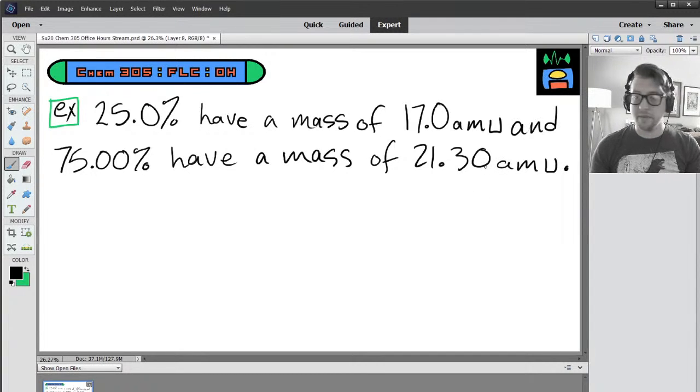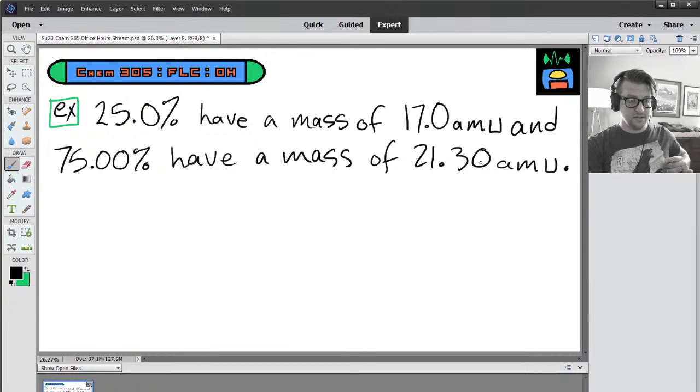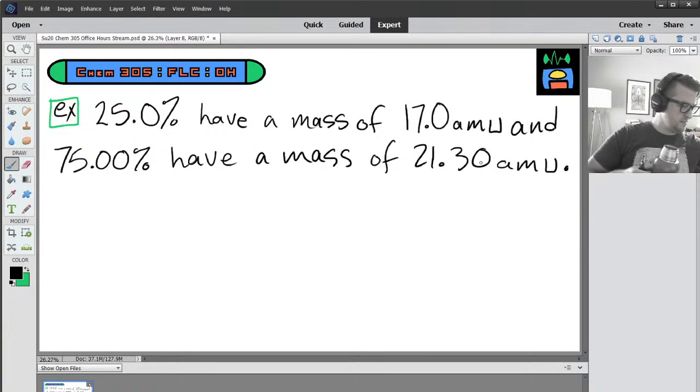And we're asked to determine the atomic mass based on these relative masses and percent abundances.